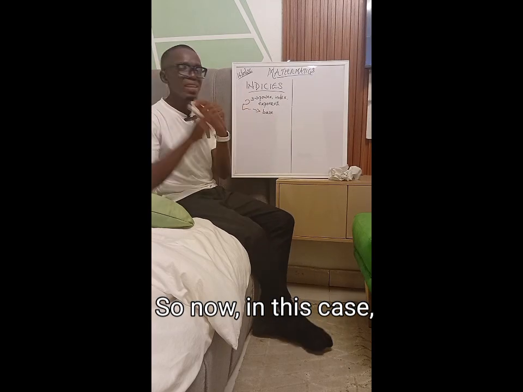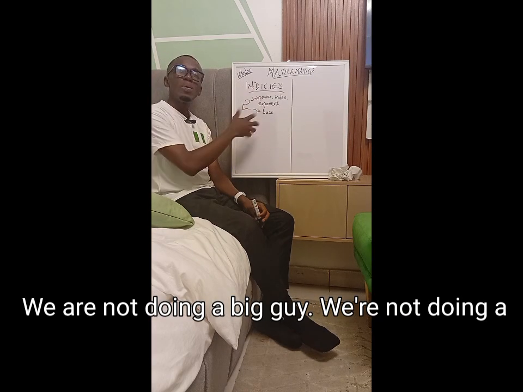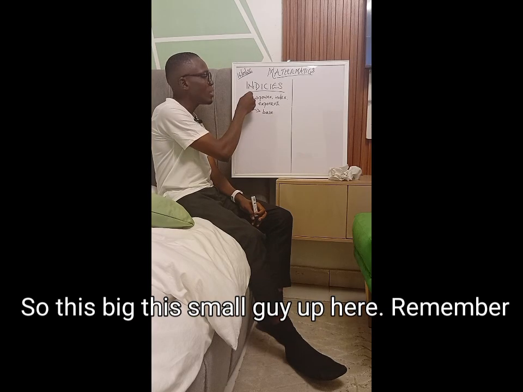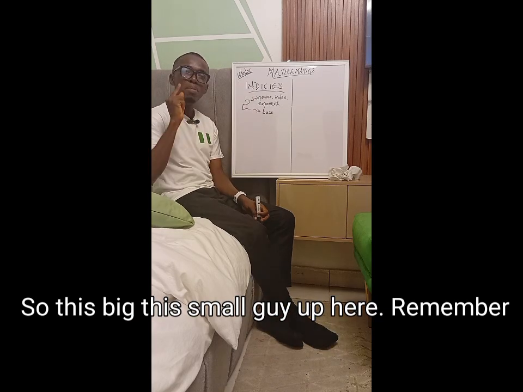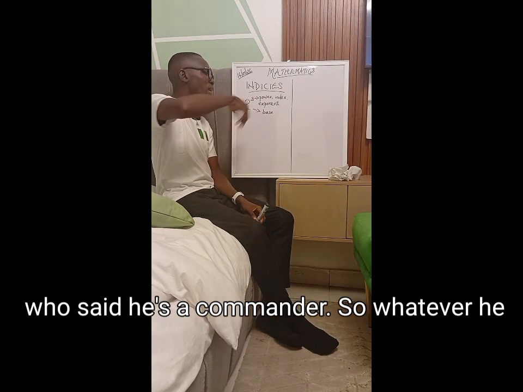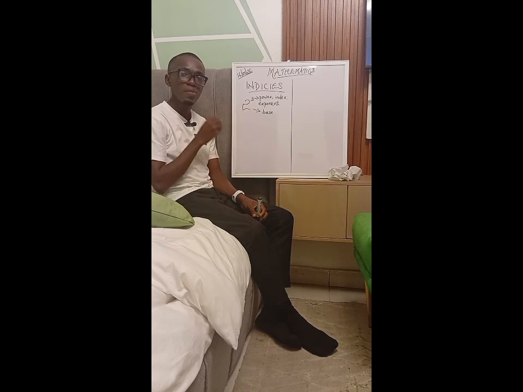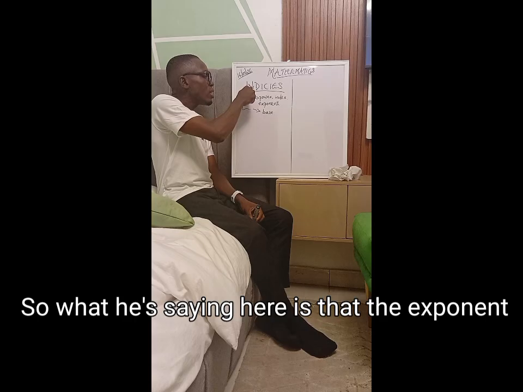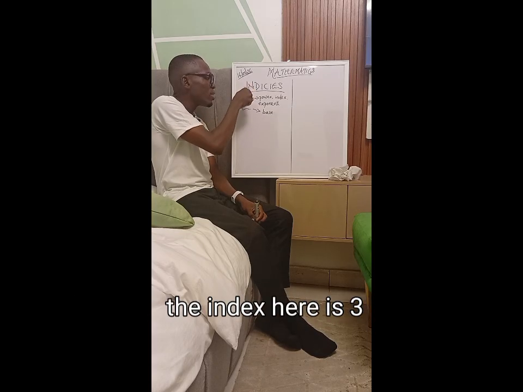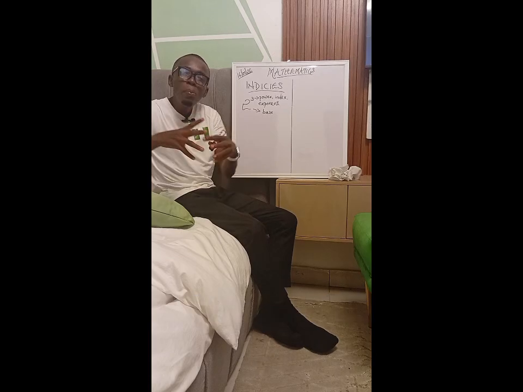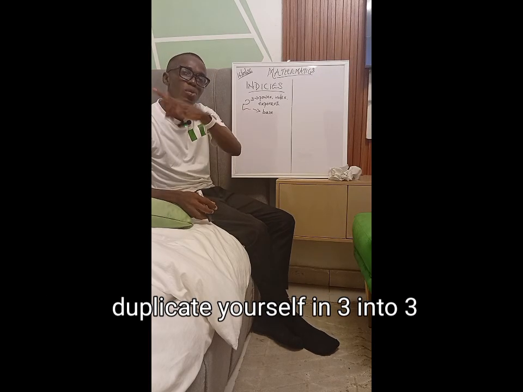So now, in this case, we are not drawing a big guy and a small guy, but we can liken this to the big guy and the small guy. This small guy up here is a commander, so whatever he tells the big guy here, he will do it. What he's saying here is that the exponent, the index here, is 3. So it's telling this big guy that you have to duplicate yourself into 3.